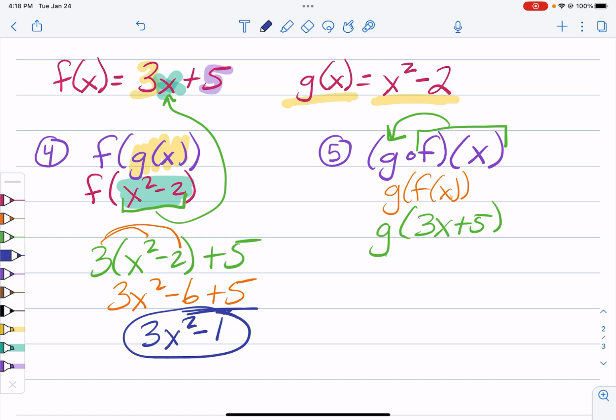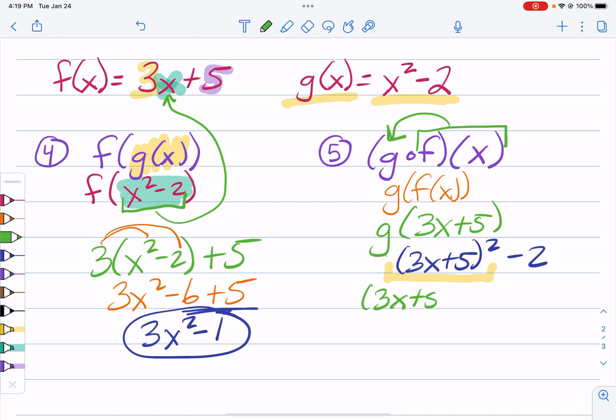So our g equation is an x squared, so instead of an x, we're going to write the 3x plus 5 squared minus 2. Now there's a very specific reason I chose this problem, because of something you learned in Algebra 1. Squaring something means multiplying it by itself. So 3x plus 5 squared literally means 3x plus 5 times 3x plus 5. We still have that minus 2.